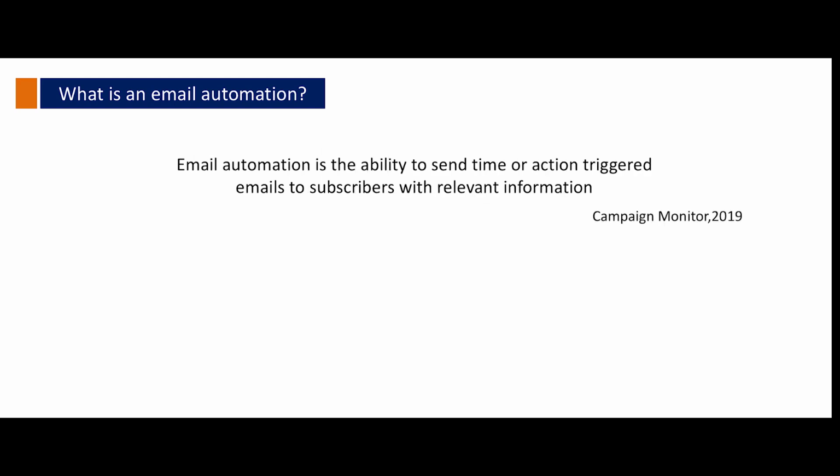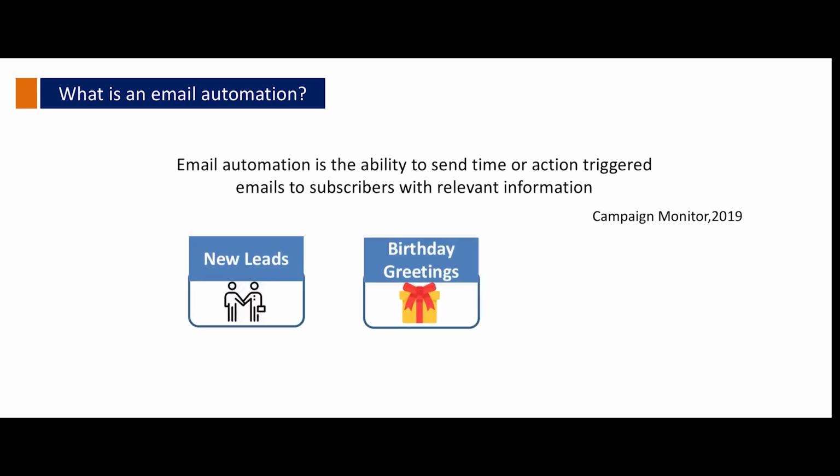What is email automation? According to Campaign Monitor, email automation is the ability to send time or action triggered emails to the subscribers with relevant information. Automation is useful for a variety of different marketing purposes, whether it is triggered workflow that helps to nurture new leads, birthday greetings that add a personal touch, or automated blog updates that take the legwork out of staying in touch with your audience.